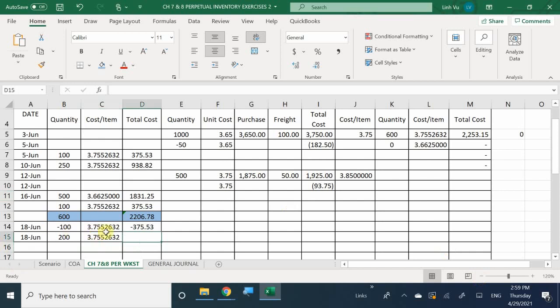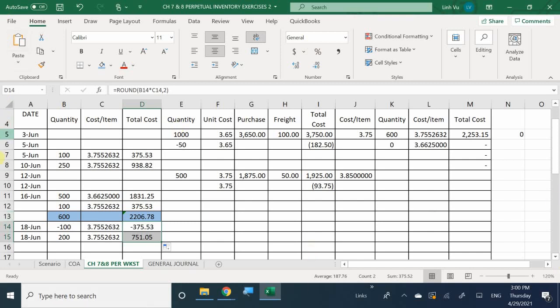So let's go ahead and round this to get my total cost of goods sold: $751.05. Okay. Now, this is the number that we're looking for.